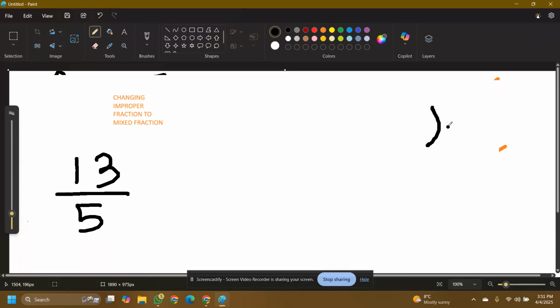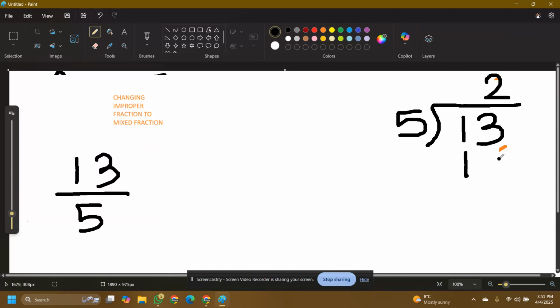How are we going to do that? We are going to do the long division. 13 divided by 5. 5 times 2 gives us a 10. We do the subtraction and the remainder is a 3, right? That is the format of the long division. We got our answer. So we have the quotient as a 2, the remainder as a 3, and the divisor as a 5.